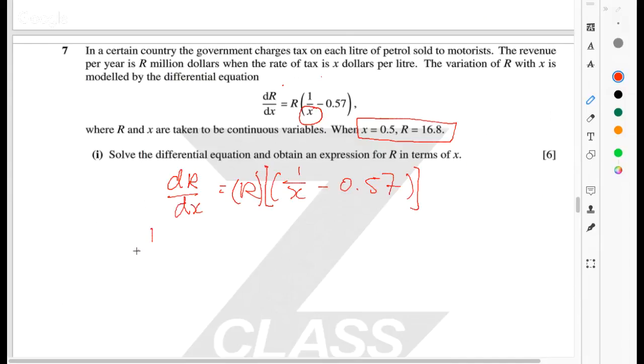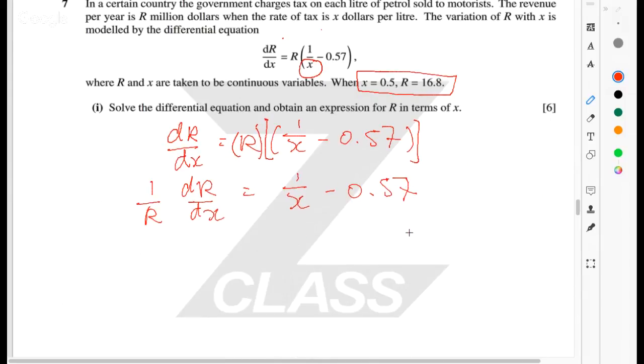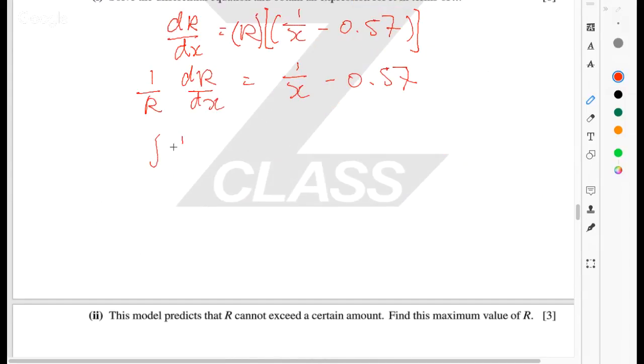So you have 1 over R dR by dx is equal to 1 over x minus 0.57, and integrate both sides with respect to the differentials.